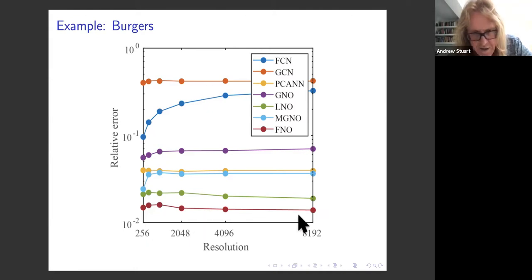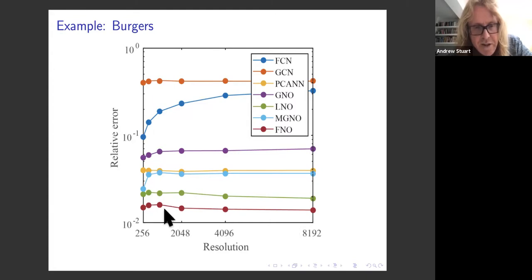That is related to the philosophy I was highlighting at the beginning, namely to conceptualize the architecture on function space before discretizing it. That has the desirable property that once you've learned the architecture, you can in fact transfer it between different levels of resolution and indeed even different discretization methods.